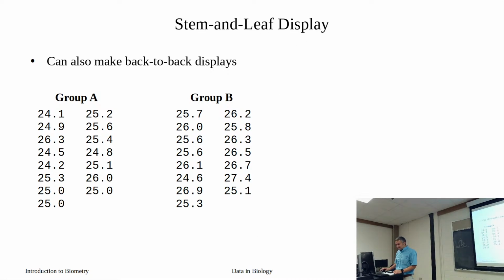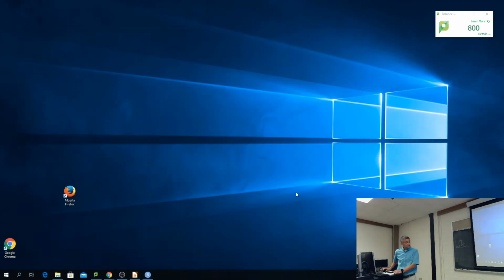All right. Let me get the next one. All right, so we introduced data. All right, data in biology. We have our variables. We've completed everything that you need for the homework assignment.